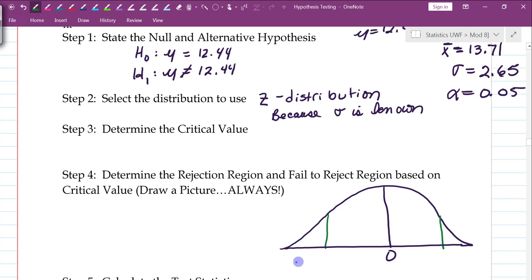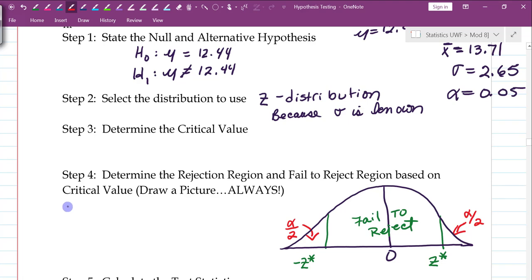Here's going to be my fail to reject, and then in here is going to be half of alpha, and in here is going to be half of alpha.